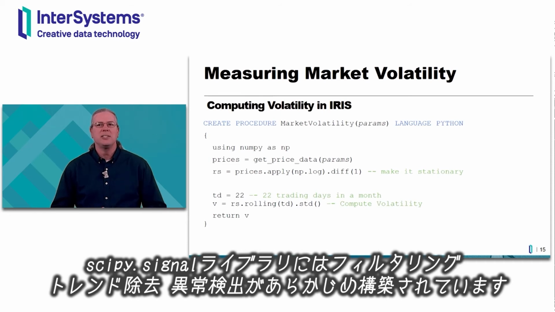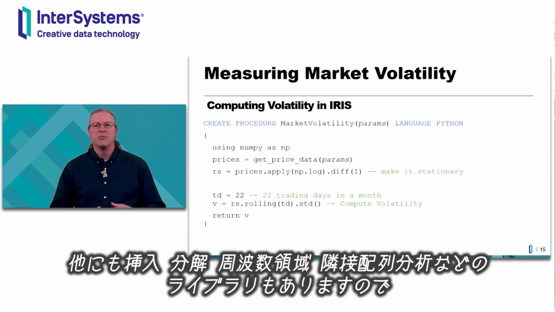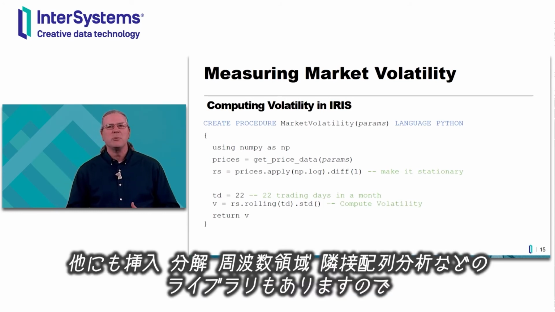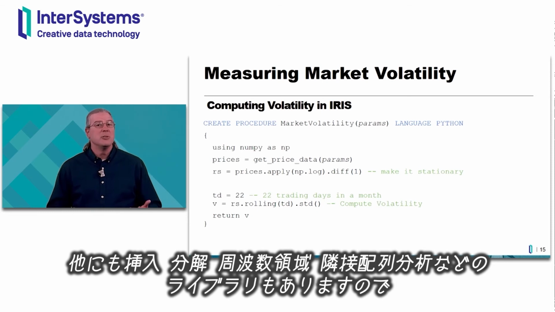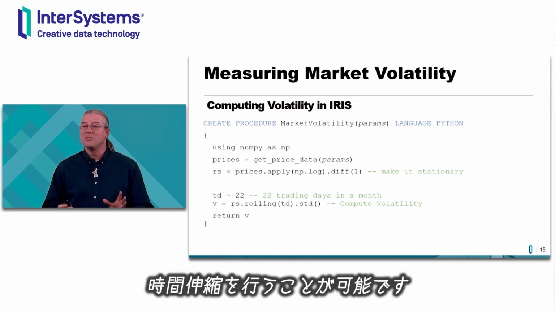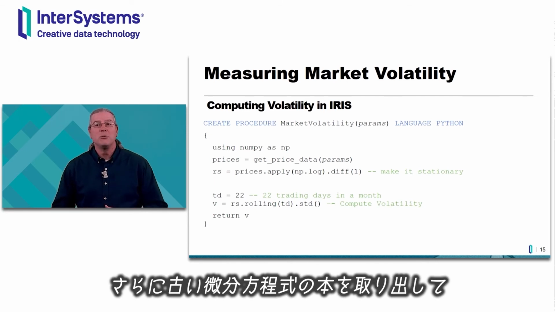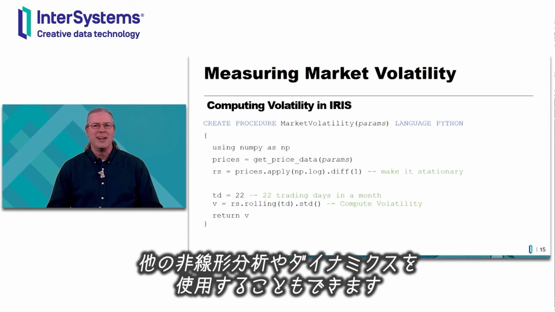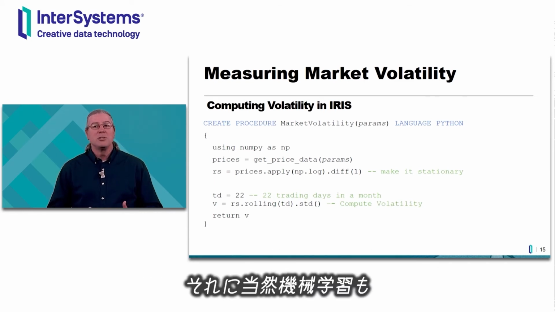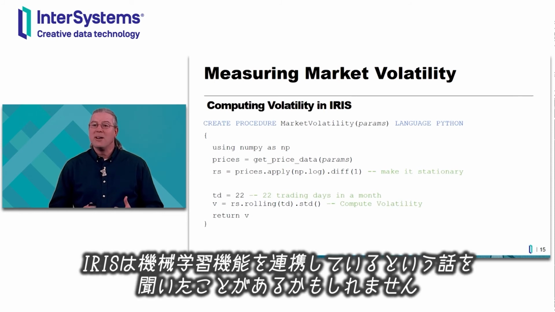The SciPy signal library has pre-built filtering, detrending, anomaly detection. There are other libraries for interpolation, decomposition, frequency domain analysis, nearest neighbor analysis, which lets you do some really cool time warping stuff. You could also pull out your old differential equations book and use other nonlinear dynamics. And of course, there's machine learning.